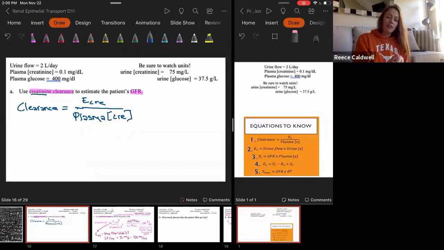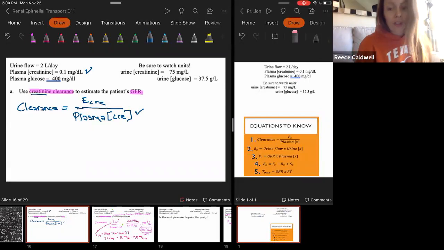So let's go ahead and see what we're given and see if we can solve this. So urine flow, no. Plasma concentration of creatinine, yes. So we do have this bottom variable. However, if you look at the rest, we do not have the excretion rate of creatinine.